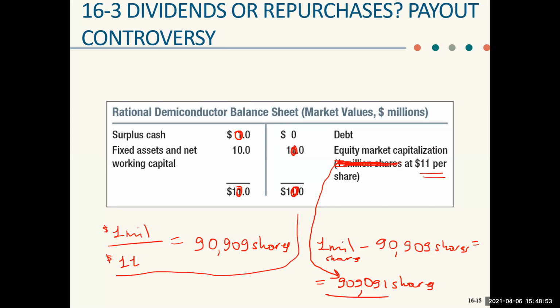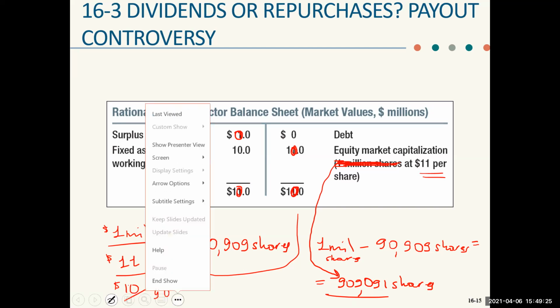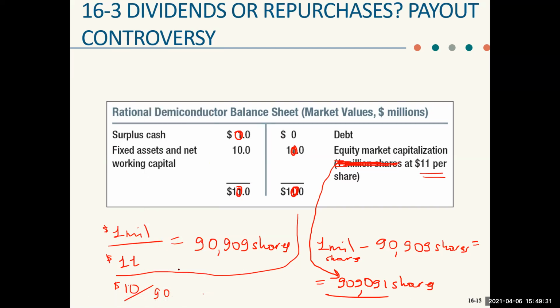To get 10 million, at what price should these shares be? That's the question here. To find out, you divide $10 million by this number of shares, 909,091.